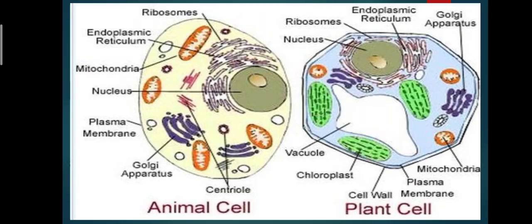Second, in plant cells there are chloroplasts which are helpful in photosynthesis. In plant cells there are large vacuoles in comparison to the animal cells. Animal cells are pulpy. On the other hand, the cells in plants are more structured because of the presence of the cell wall. It forms a lattice-like structure.